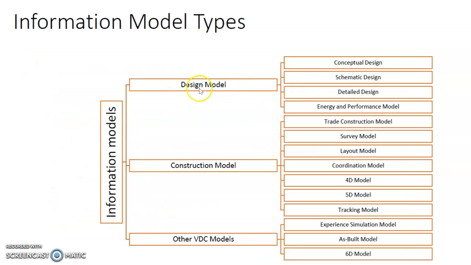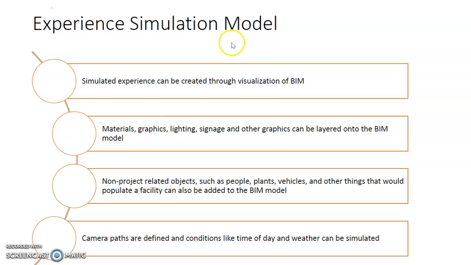So far, we have discussed the different types of design models and construction models. We'll be looking at other forms of VDC models next, like the experience simulation model, as-built model, and the 3D model. The experience simulation model allows any stakeholder to have a simulated experience, which can be created through the visualization of the BIM models.